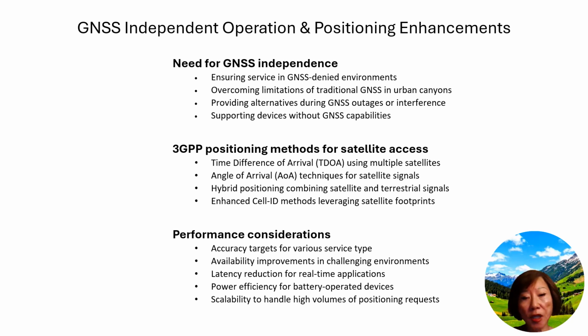This includes indoor locations, urban canyons, and areas subject to GNSS outages or interference. By developing GNSS-independent methods, 5G systems can ensure continuous positioning services in challenging conditions and support devices without GNSS capabilities.